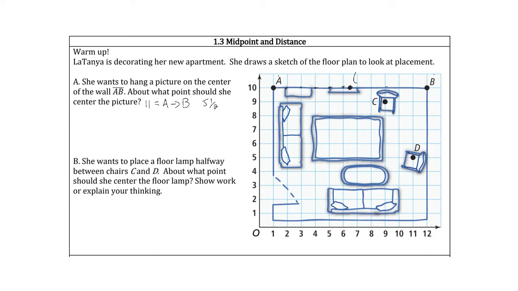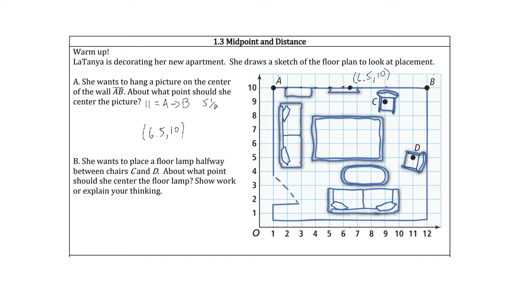If we look, it's at 6.5 on our x-axis, and it's at 10 on our y. So we found it by just kind of counting. It's 5.5 from A, halfway in between A and B, which is (6.5, 10).